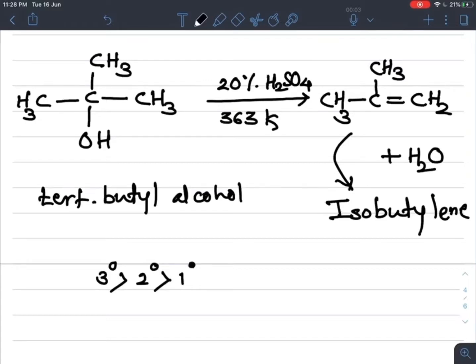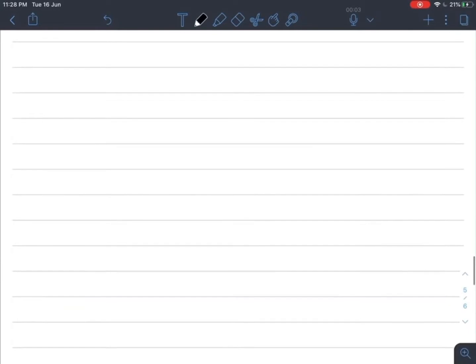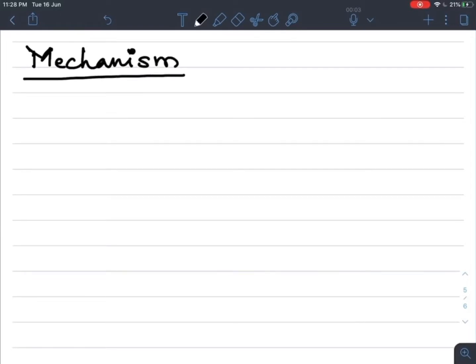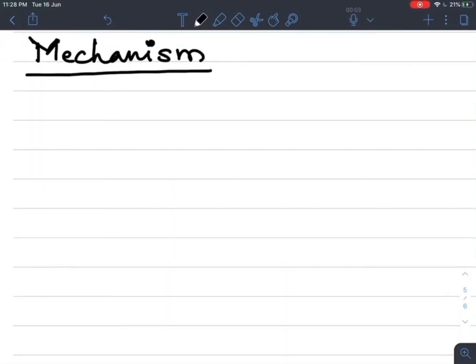Now how this dehydration takes place, let's see the mechanism of dehydration. This reaction takes place in 3 steps. In this mechanism, if you take the example of ethyl alcohol, that is a 2-carbon alcohol, and removal of a water molecule, that is H from this carbon and OH from this carbon.